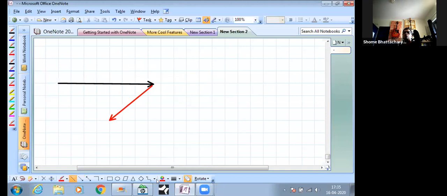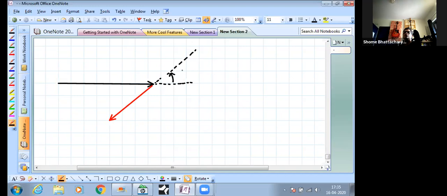See, what's happening here is the vector q was along this direction, which is making an angle theta with the vector p. So this angle was theta. Hence, the vector minus q will be in which direction now? It will be opposite to that.